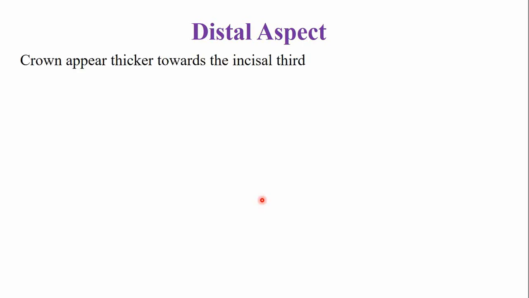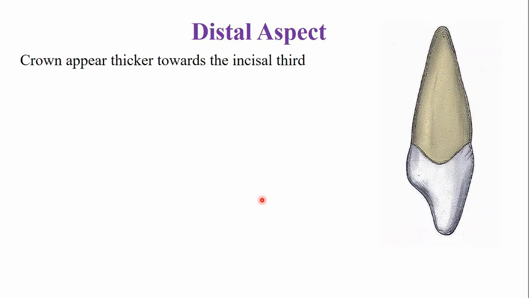Now the distal aspect of the tooth. If you see it from the distal aspect, the crown appears thicker towards the incisal third compared with the incisal third from the mesial aspect. This is because the height of the crown is less on the distal aspect.